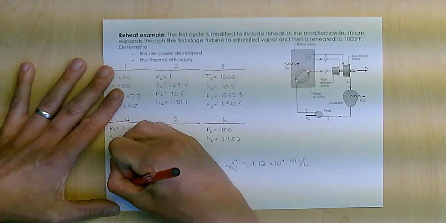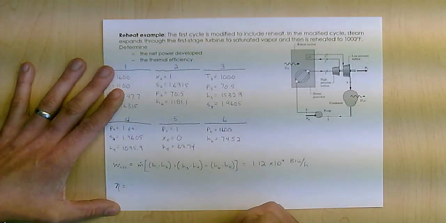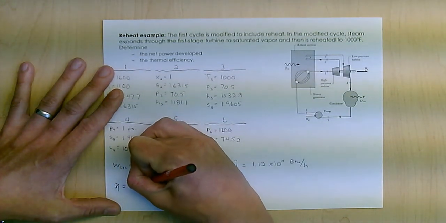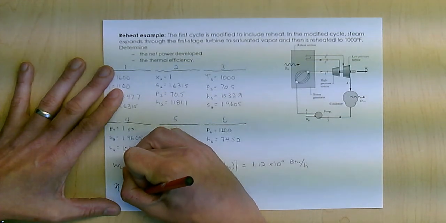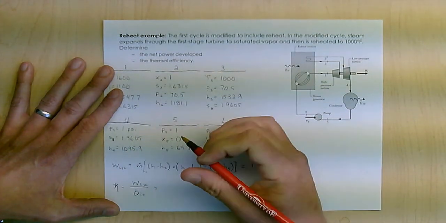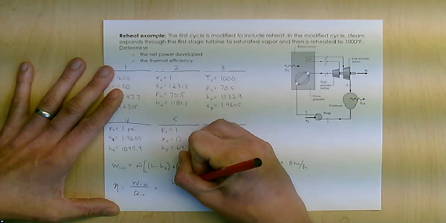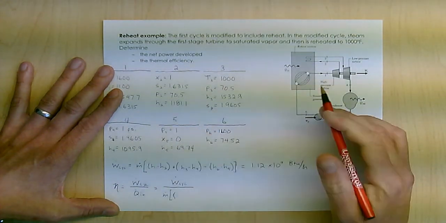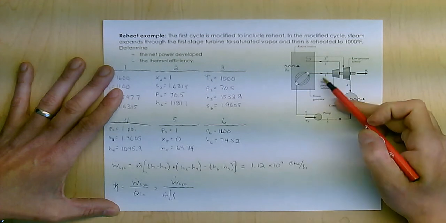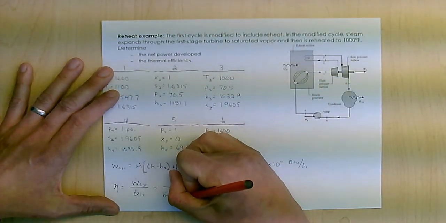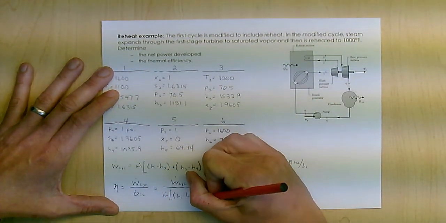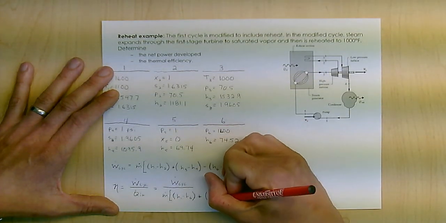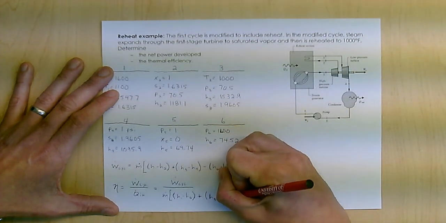So let's check the efficiency, which is the work of the cycle, which I just calculated, over Q in. Q in now has two terms: the mass flow rate times H1 minus H6, plus 2 to 3, which is H3 minus H2.